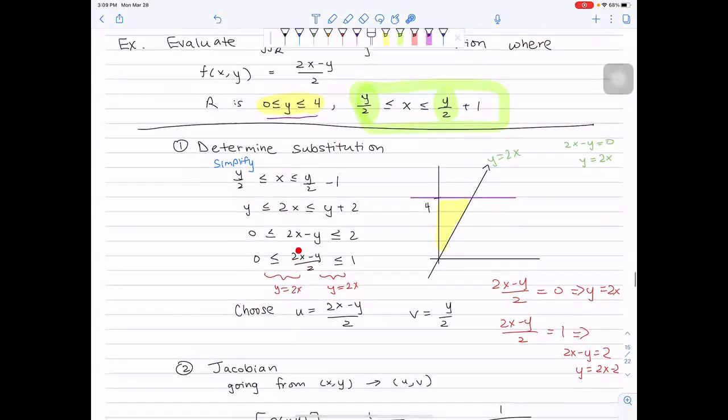For v. Oh, like why didn't I make this v instead? 2x minus, like I can make this maybe.